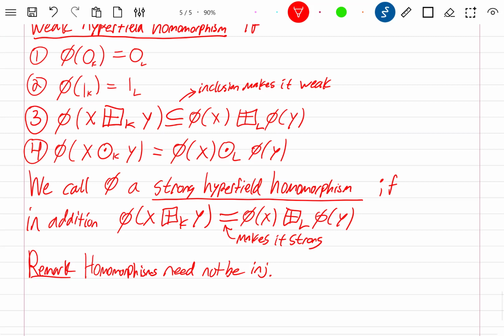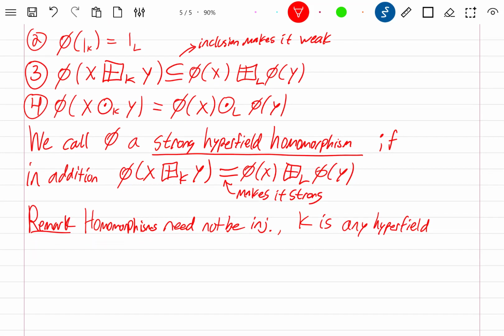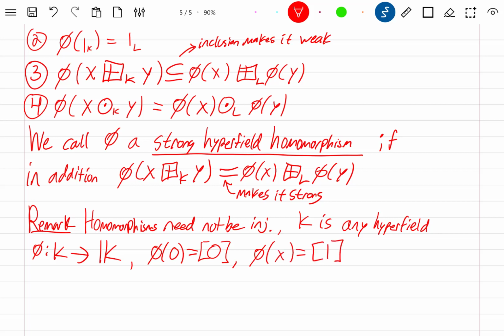For example, if K is any hyperfield, you can map it to the Krasner hyperfield, where you just send 0 to 0, and anything else to 1, where x is not equal to 0. And really, I should say weak here.